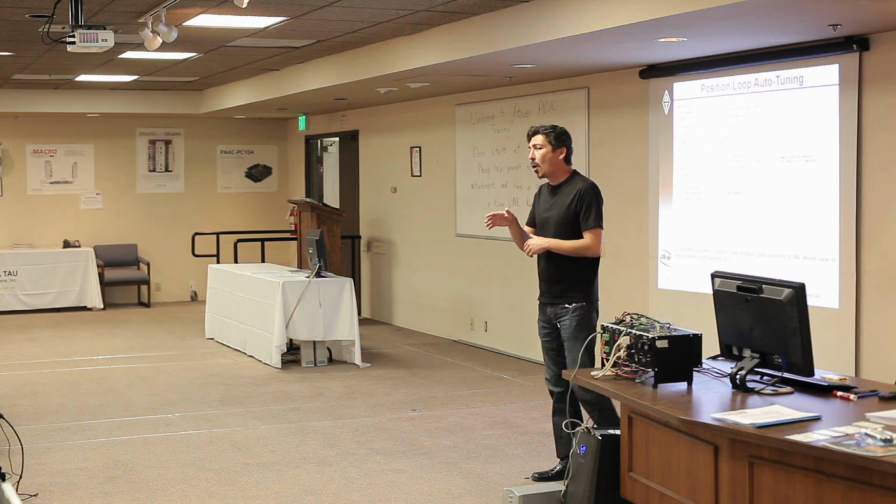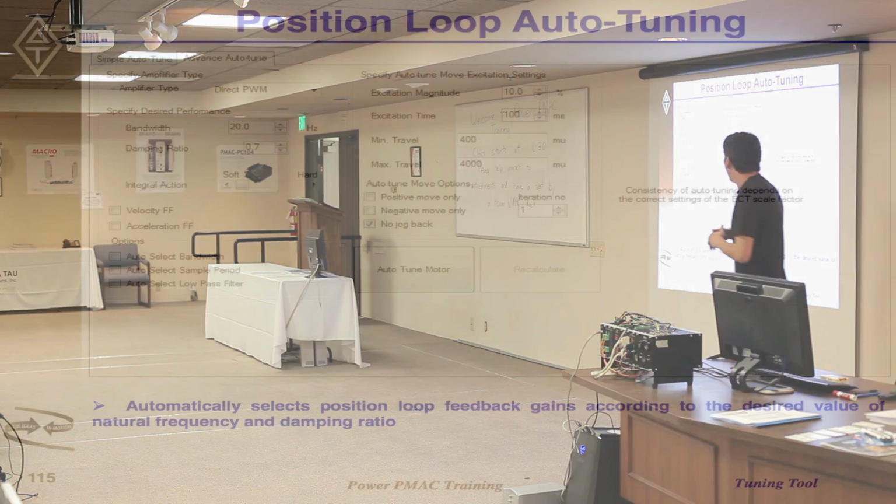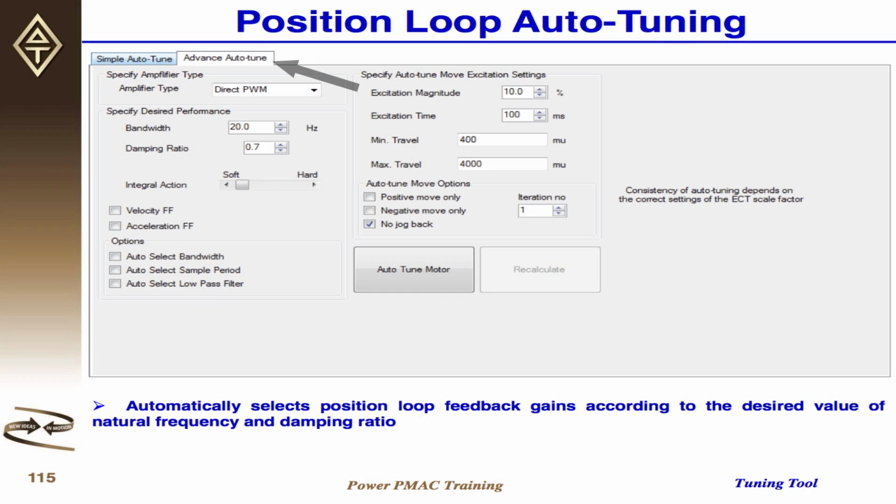After verification of the open loop, you can go to the auto-tuning. Essentially, the Advanced Auto-Tune tab is similar to current loop tuning. The user has to specify the desired performance, which is in terms of the bandwidth and the damping ratio.